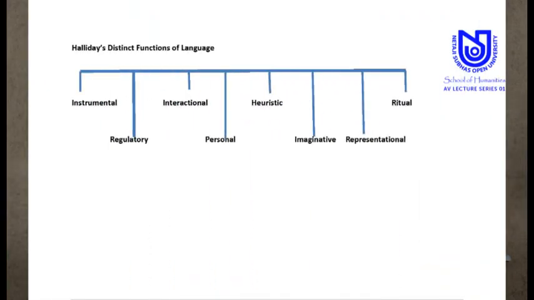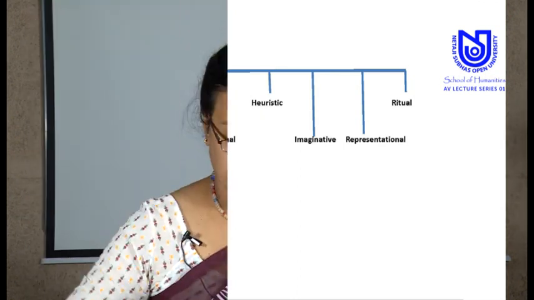So according to Brunner, use is a powerful determinant of rule structures, whereas Halliday analyzed child's initial utterances in terms of 8 distinct functions. These are instrumental, regulatory, interactional, personal, heuristic, imaginative, representational and ritual.